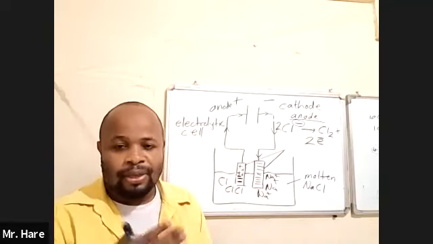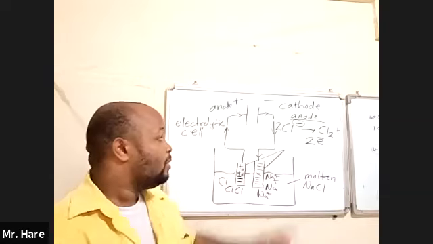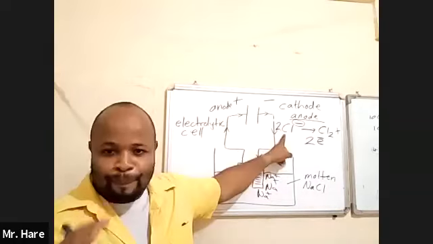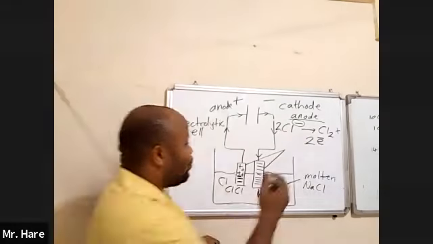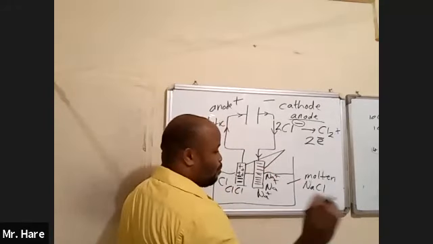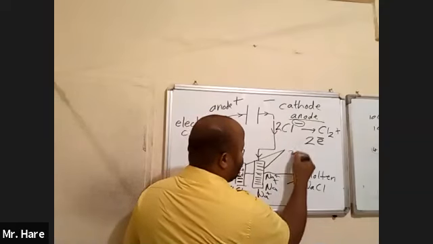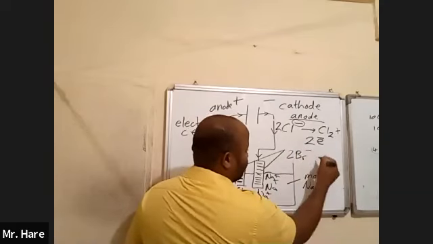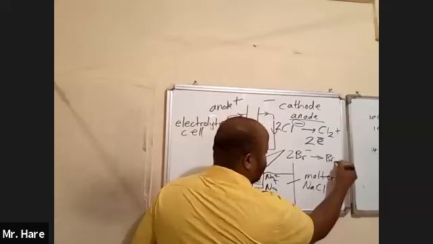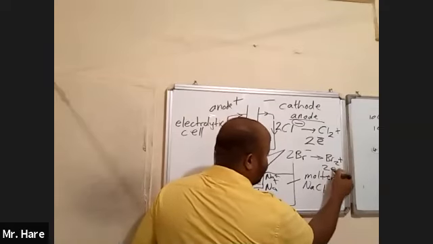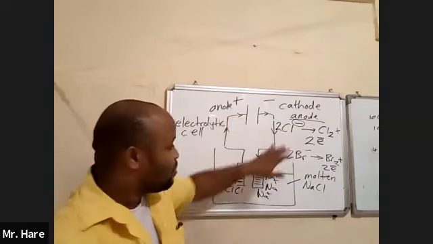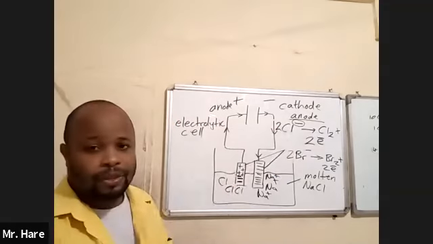They are all diatomic molecules. Hence, the equation will be the same. If it was bromine, it will be 2 bromide ions to form Br2 by giving up 2 electrons. So this equation doesn't change.